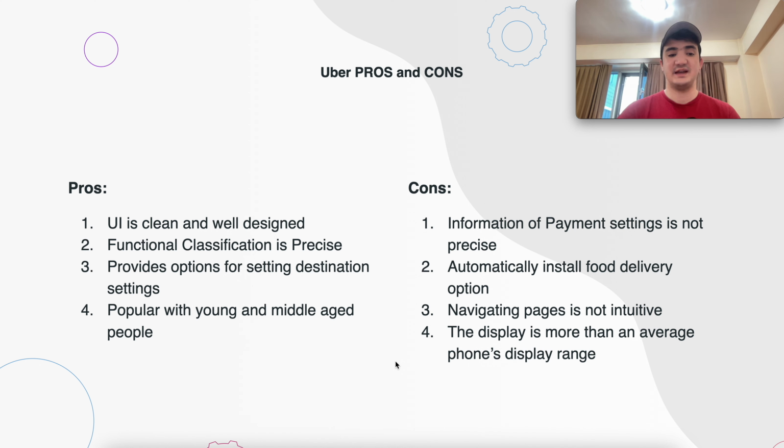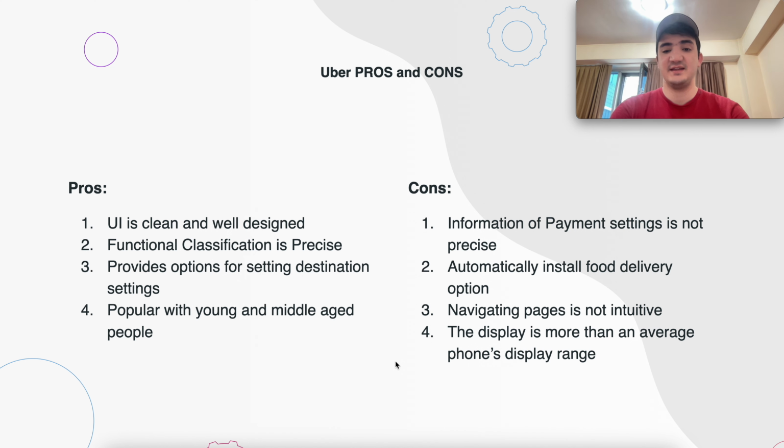Finally, another pro was that it provides options for setting destination settings. That was a big plus for users. And additionally, Uber was very popular with young and middle-aged people, so people who already are tech savvy and used to using different technologies on their phones.